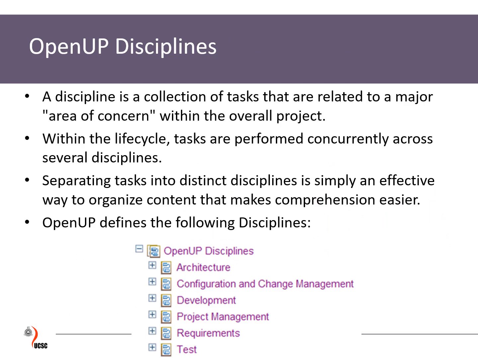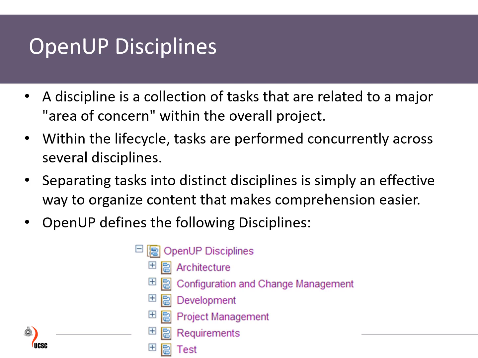OpenUP disciplines. There are 6 disciplines defined in OpenUP, as you can see here. A discipline can be considered a collection of tasks in a major area of concern within the project.